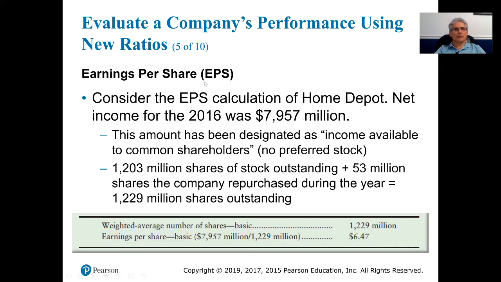We can look at earnings per share, an actual example of a computation. Consider the EPS calculation of Home Depot. Net income for 2016 was $7,957,000,000. So we look at this $7,957,000,000 as being income available to the common stock shareholders, but not preferred stock, just available for common stock.